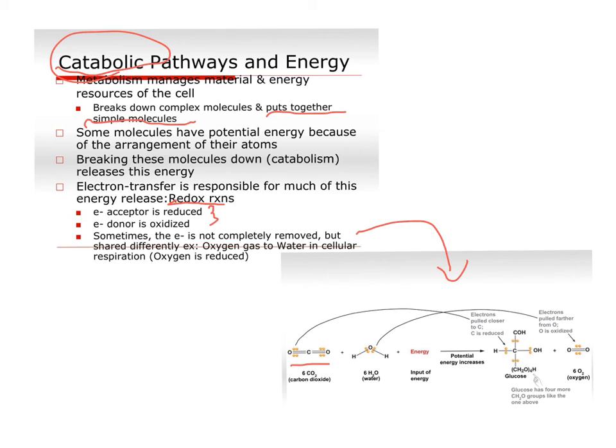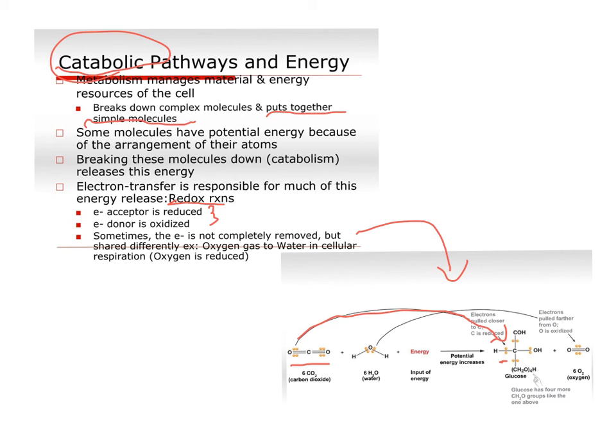But then if you look at the outcome here, you follow this arrow over to the other side to glucose, notice this pair of electrons has actually moved closer to carbon, which means carbon ends up getting reduced in that case.